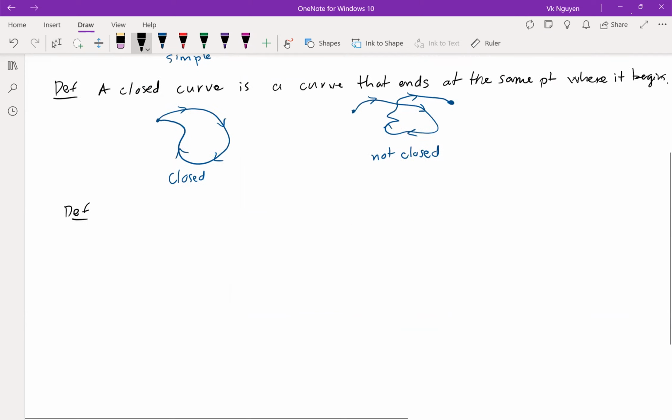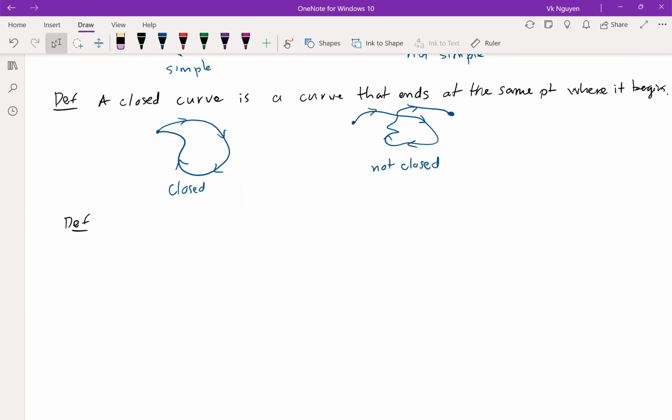Definition. A piecewise smooth curve is a smooth curve joined by multiple piecewise curves.